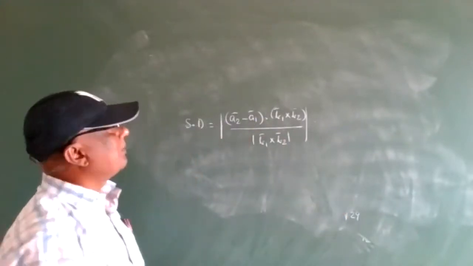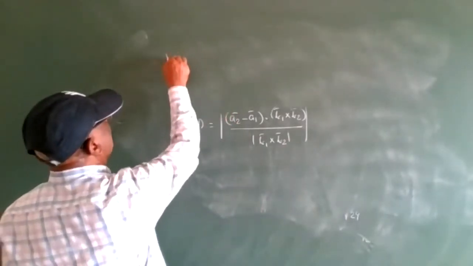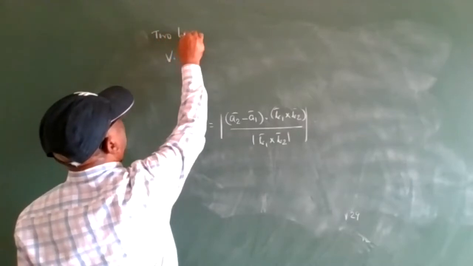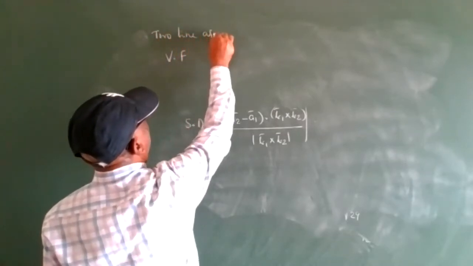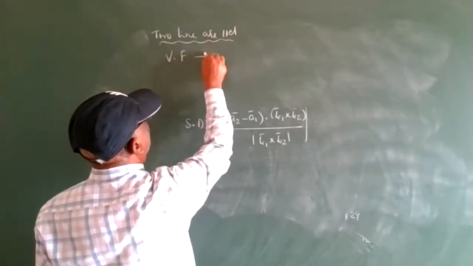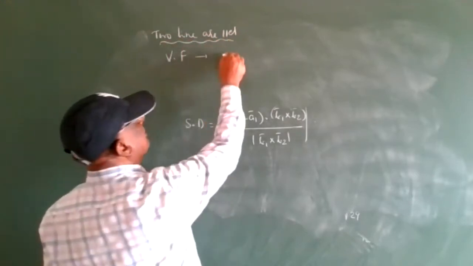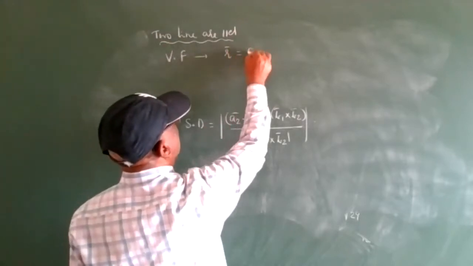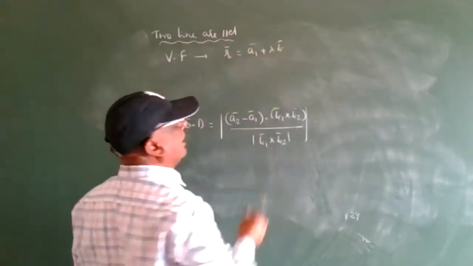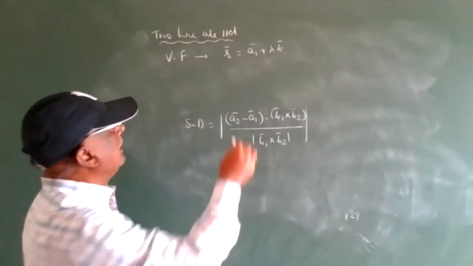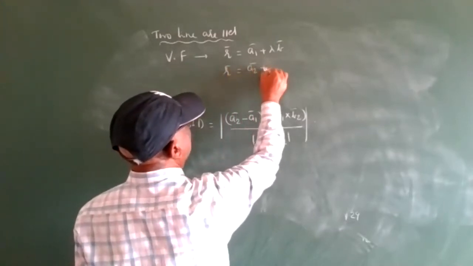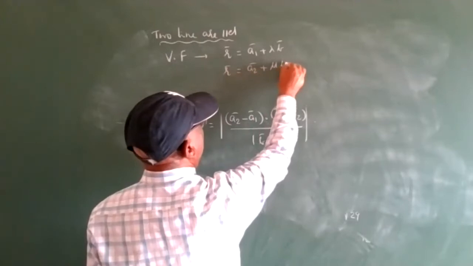Two lines are parallel, so their vector form is: the vector form of the line equations are R bar is equal to A1 bar plus lambda into B bar, and R bar of the second line is equal to A2 bar plus mu into B bar.